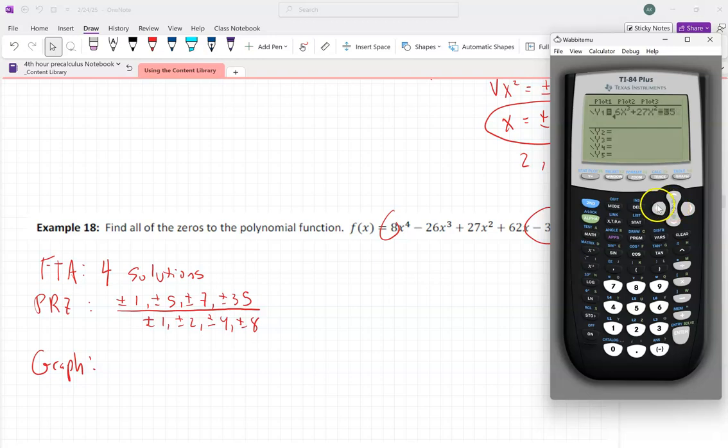And that's probably because I forgot to type in the 62x. So let me just retype that again real quick. Yeah, still doesn't look great. So I'm going to zoom in a little bit closer to what's going on here. Looks like all my x-intercepts are happening between -2 and +1. So I'm just going to change my window to reflect that.